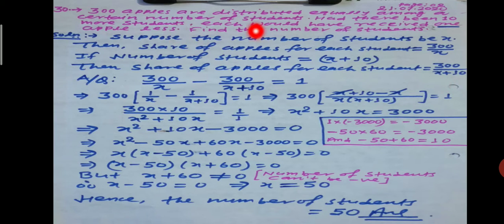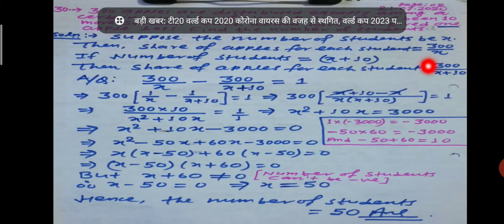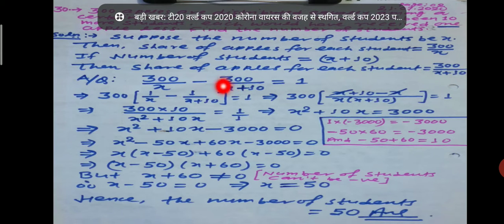Now according to the question, this number of apples for each student is 1 less, so 300 upon x minus 300 upon x plus 10 will be equal to 1.